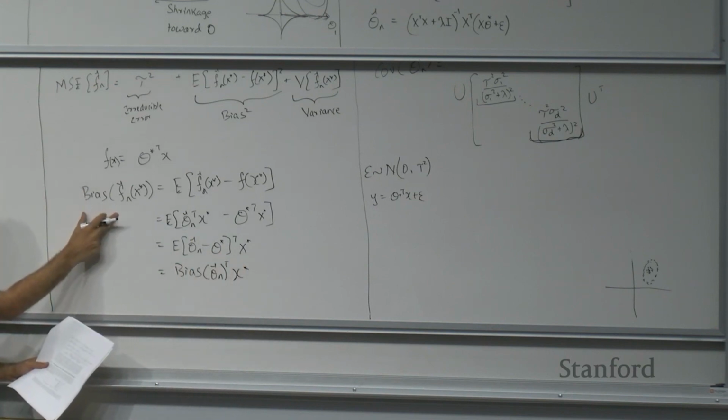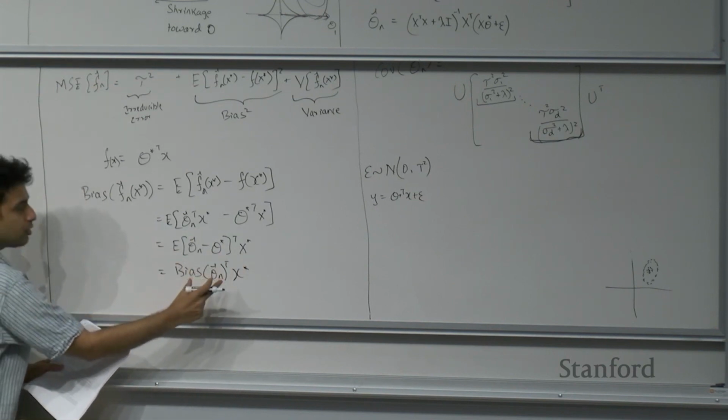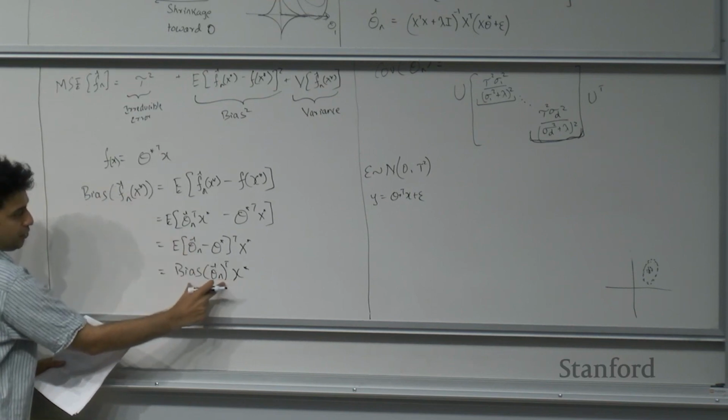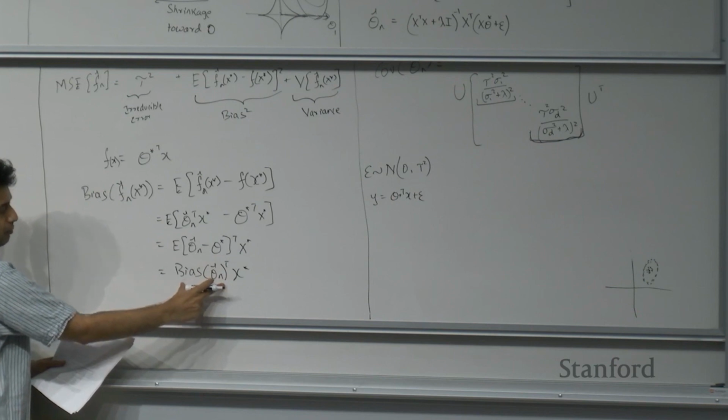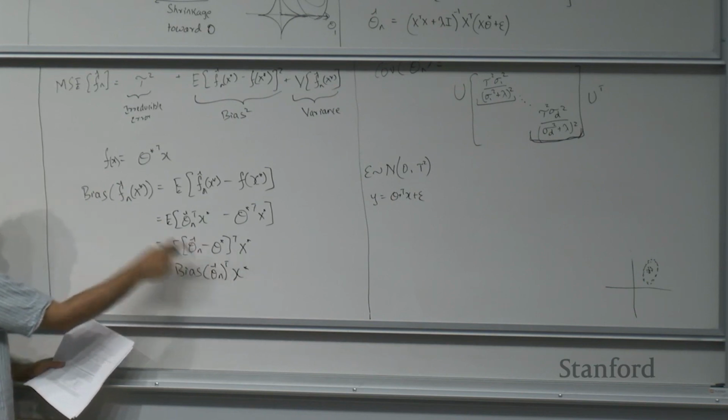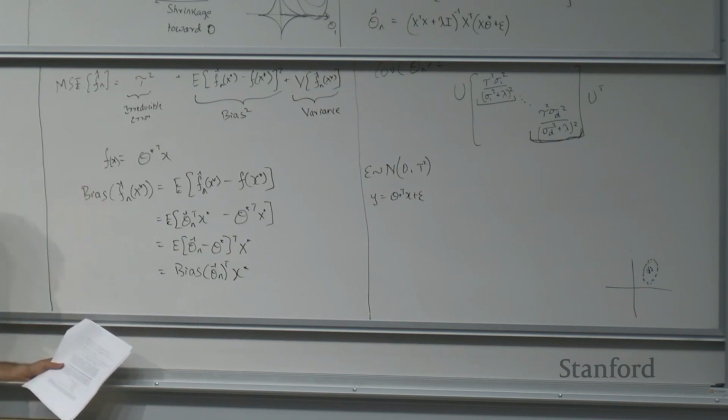So the bias in the predictor is related to the bias in the estimator by this relation. You just take the transpose of the bias in the estimator with the prediction input, and that gives you the bias in the predictor.